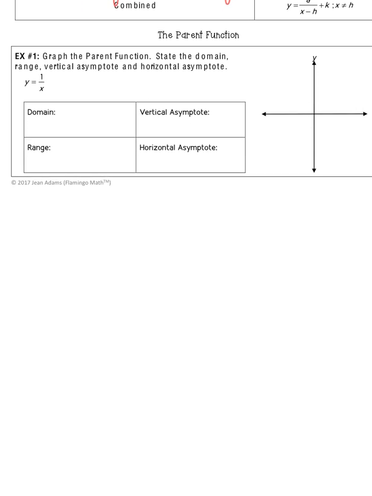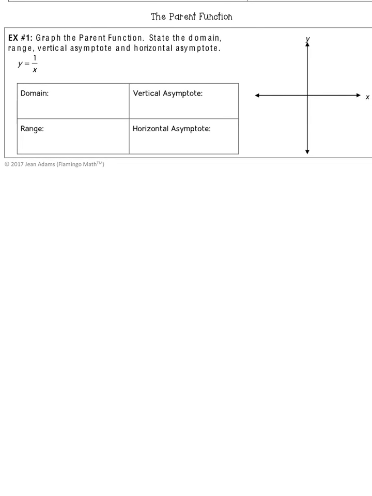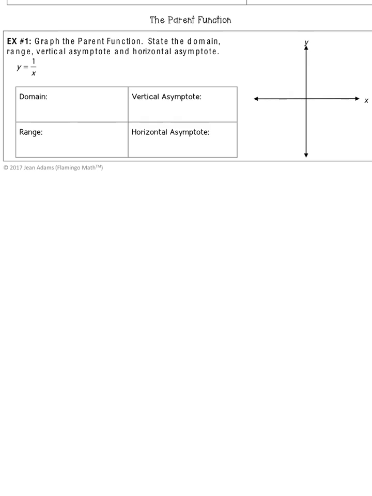So I can't make it too big or you won't see everything. All right, so we're going to graph the parent function right here, 1 over x. And 1 over x looks like the following. If you throw it in your calculator, or if you choose values, let's just go ahead and choose some values for x and come up with the y value.